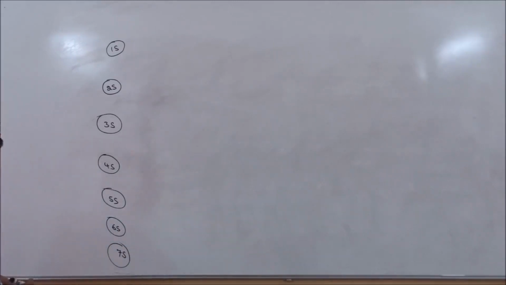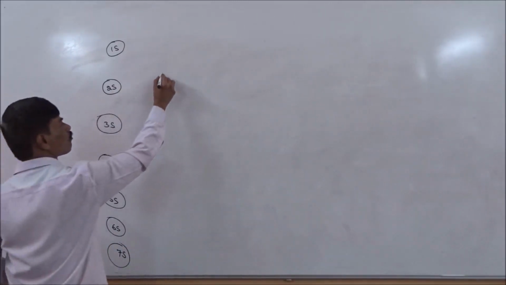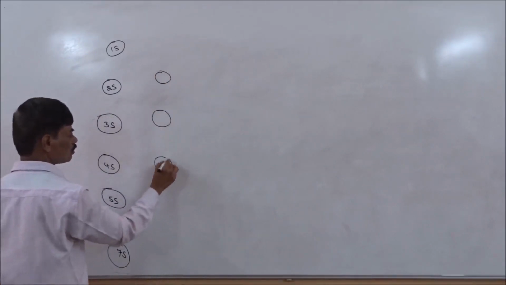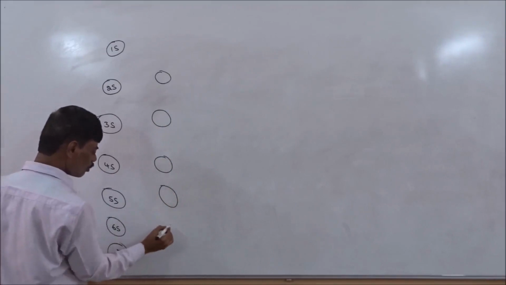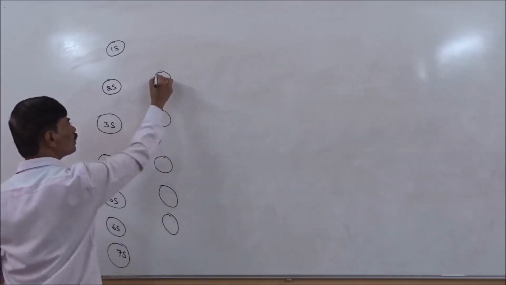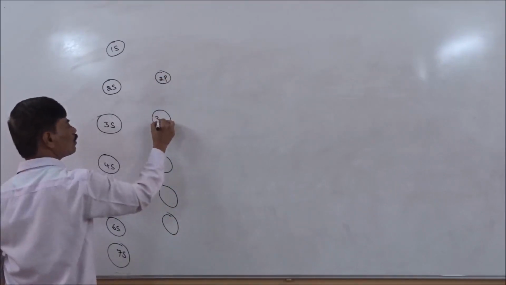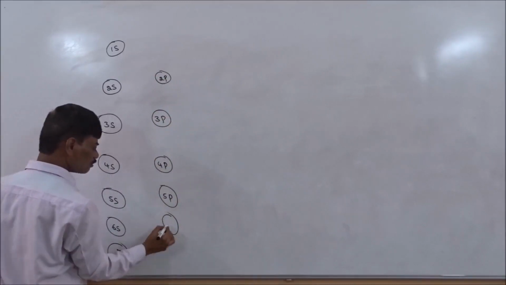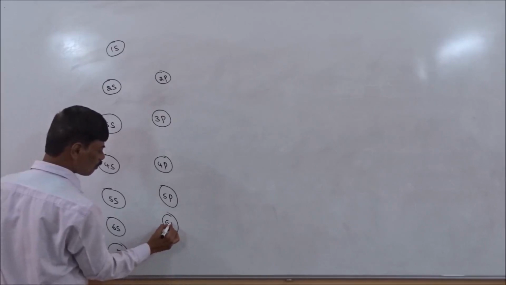After that, 1, 2, 3, 4, 5: 2p, 3p, 4p, 5p, 6p.